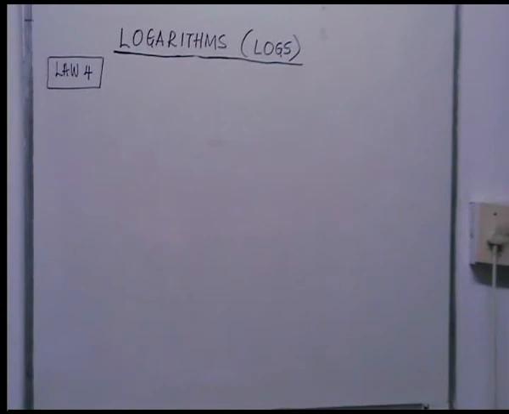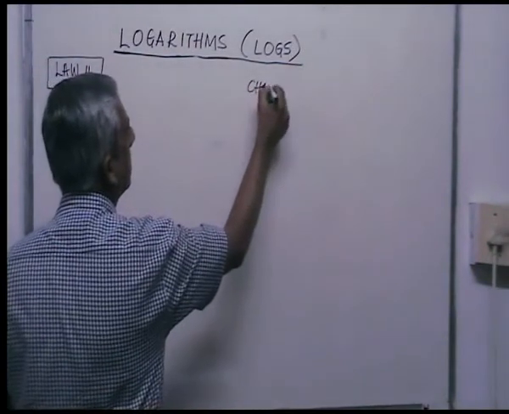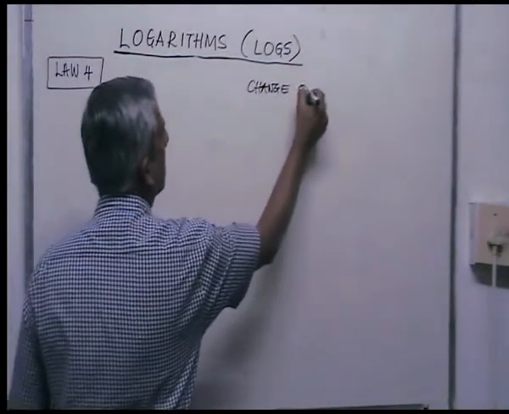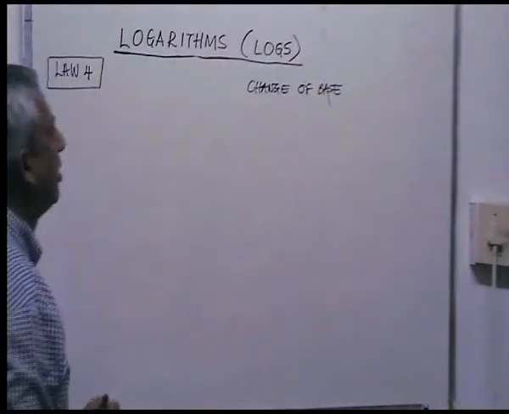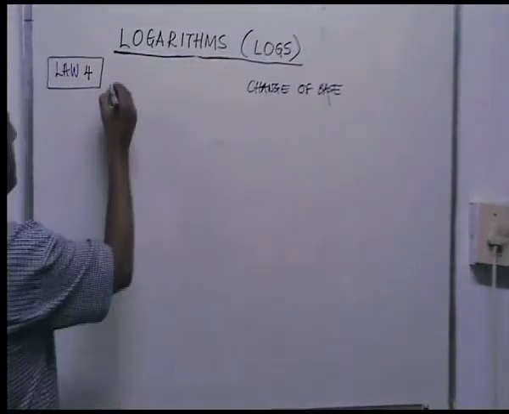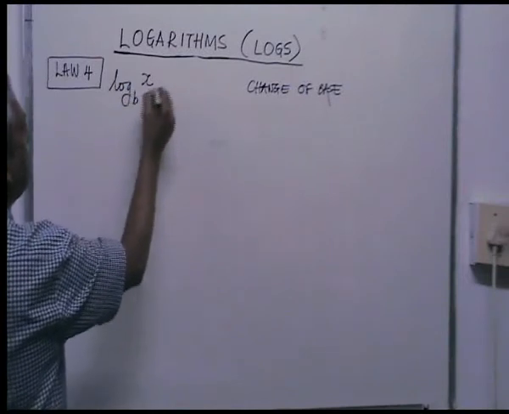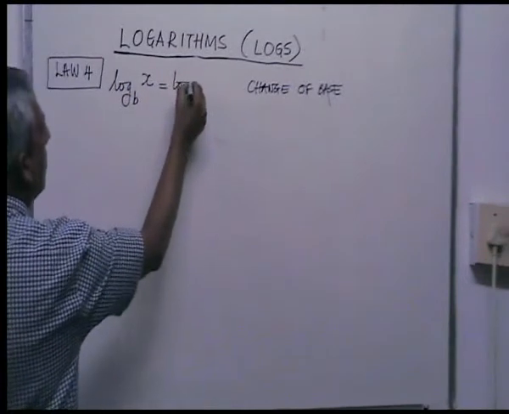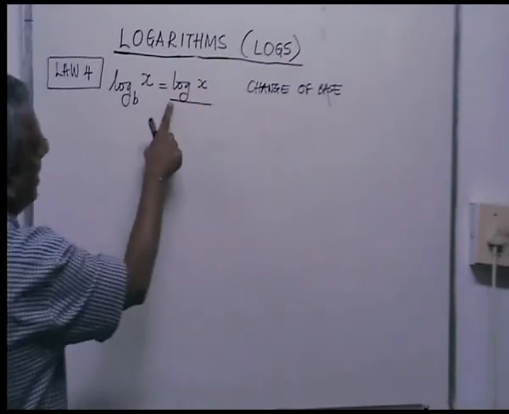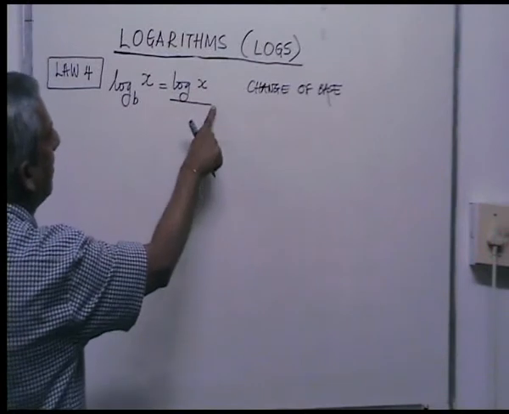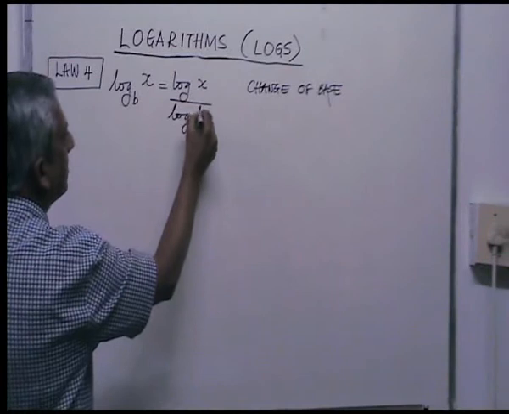Now law number 4 has got a special name and is called change of base. Change of base. So what does the law say? It says that log of x to the base b is equal to log of x all over log of b.